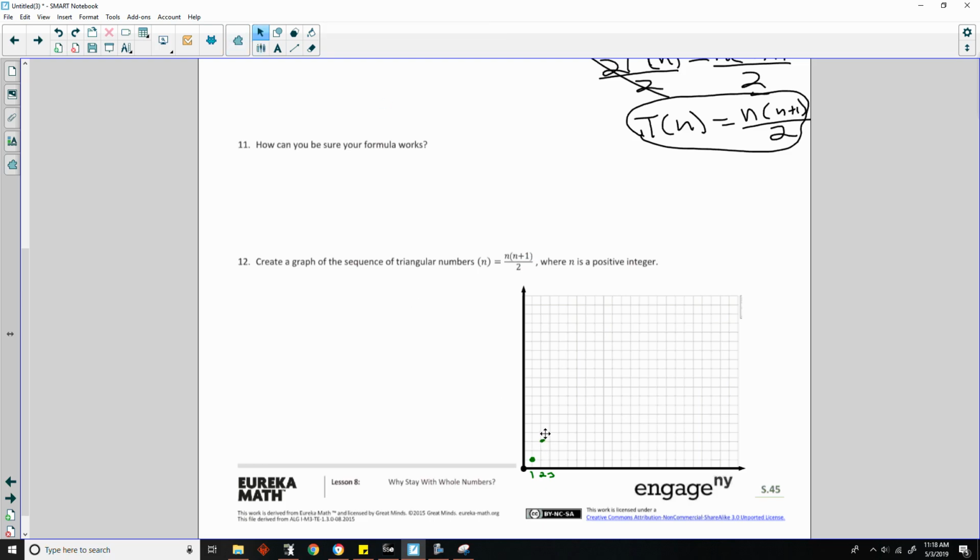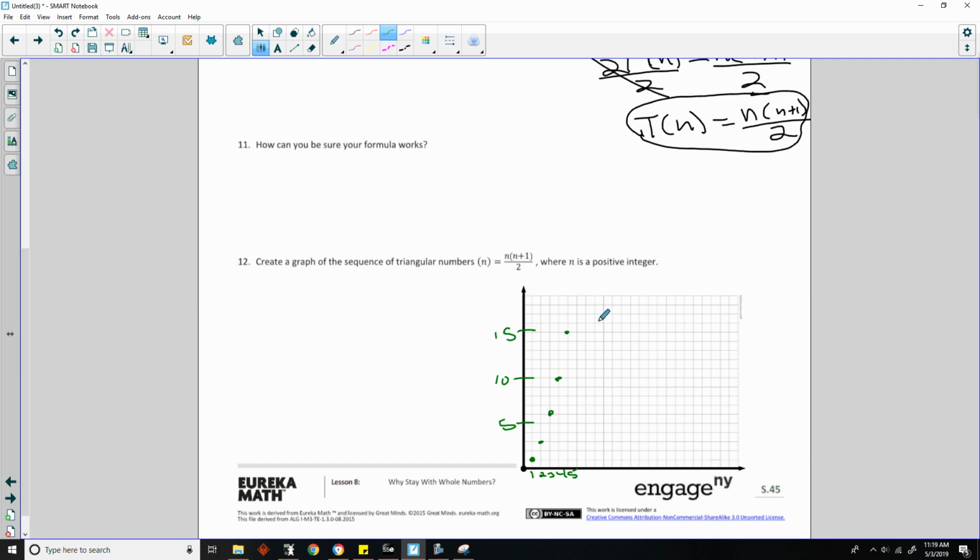So I've got to move this up 1. That's 3. All right. Plug in a 3. 3 times 4 is 12, divided by 2 is 6. 3, 4, 5, 6. And then 4 would be 4 times 5, which is 20. Here's my 5, 6, 7, 8, 9, 10. 20 divided by 2 is 10, so that would go here. And then 5 would be 5 times 6, which is 30, divided by 2 is 15, which is right here.